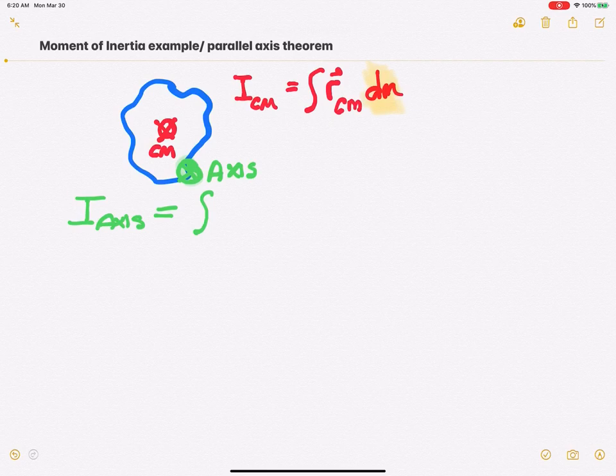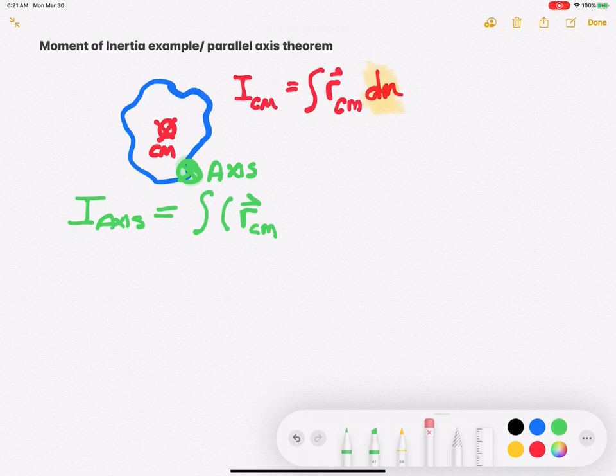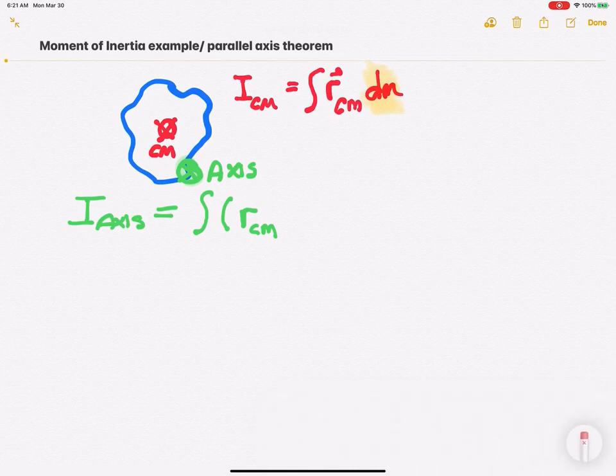So I need to find wherever the center of mass is, and for once I drew a vector when I should not have. And that's going to be squared. We're going to add to it the distance, and again, not squared.